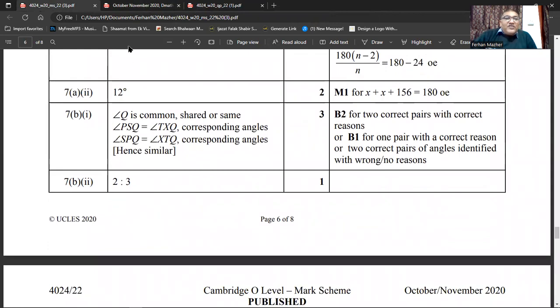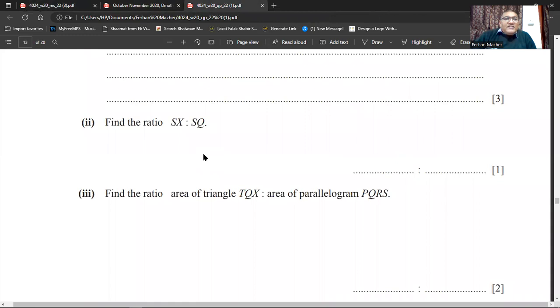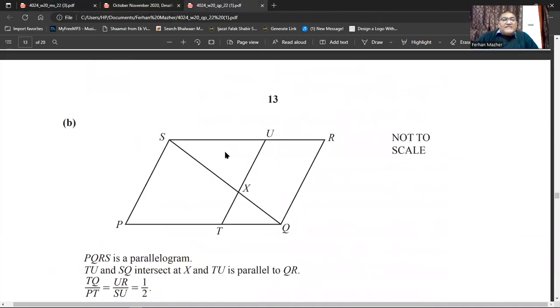Okay, so this is what we have also written. Then their question is find the ratio of SX and SQ. SX and SQ. This is 1, this is 2. So this will be also 1 because the small and the big one are similar. This is 1, this is 2. It means this is 1, the whole thing is 3.